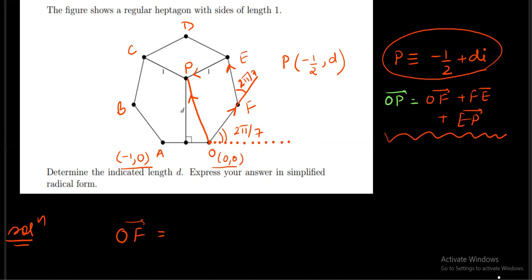Again, I can say that this angle is going to be 2π/7. And because you have rotated this one, this angle and this angle are similar. So according to the angle that was formed, this angle again turns out to be how much?